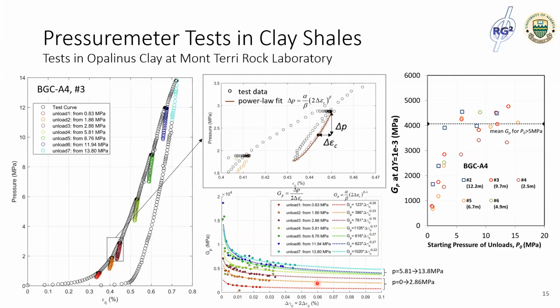And the stiffness is much more dependent on pressure at the lower pressure level from 0 to 3 MPa, and it becomes less and less dependent on the pressure loading from 5.8 MPa to the last unload-reload loops at 13 MPa, 10.8 MPa.